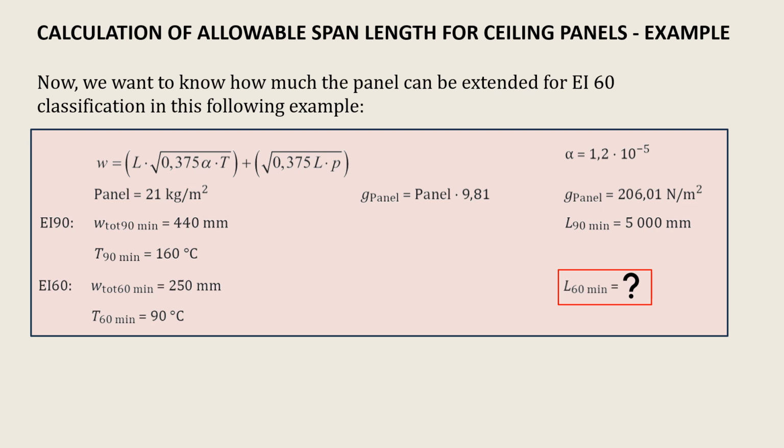In this example, a ceiling panel of 5 meters is classified as EI90 based on the fire test results. Here is what we know from the test. Now we want to know how much a ceiling panel can be extended for EI60 classification.